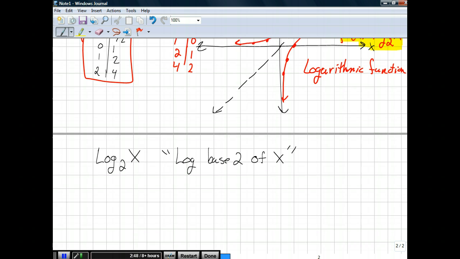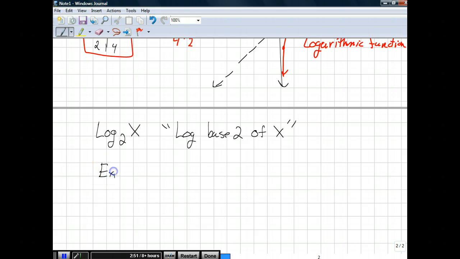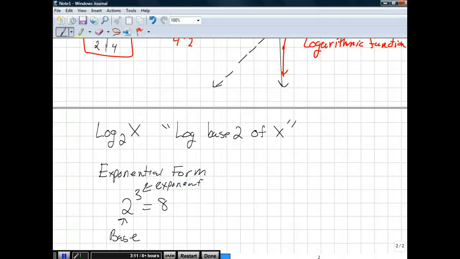So if I have something in exponential form, for instance, 2 cubed equals 8, okay? Well, 2 is our base, 3 is the exponent, and 8 is the actual value. Okay? So to put that into log form, log is short for logarithmic, okay?